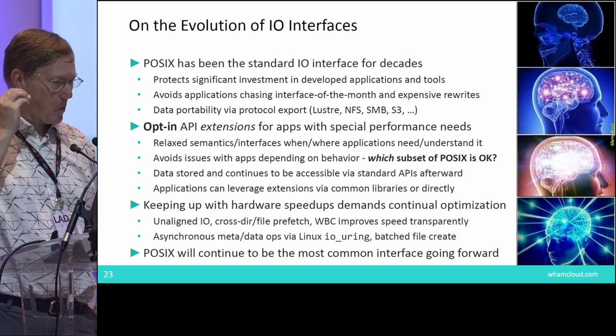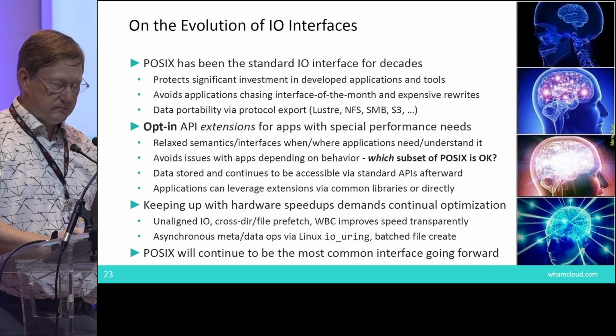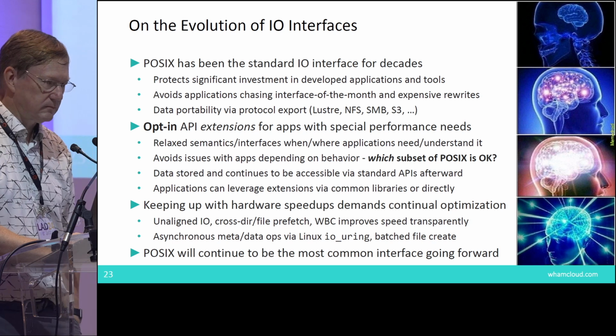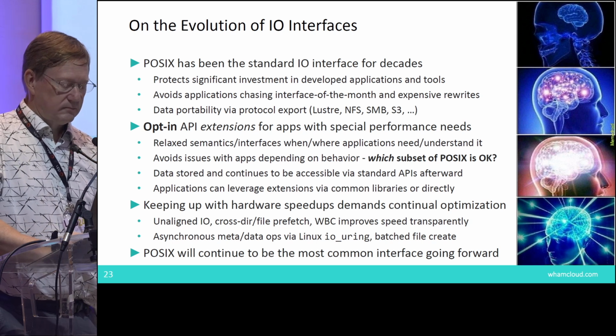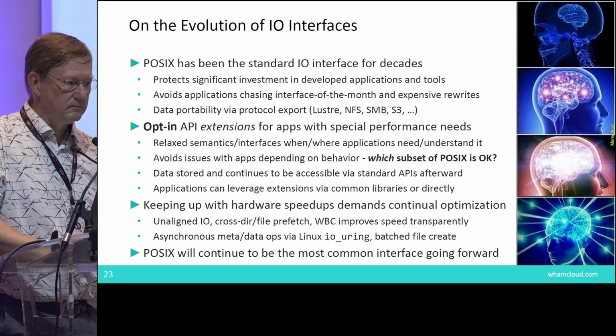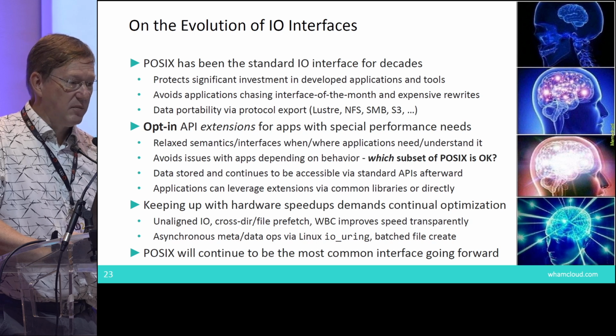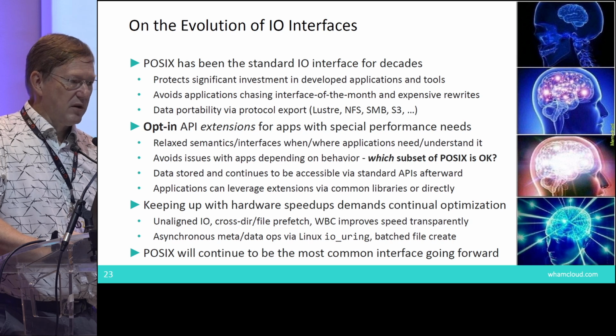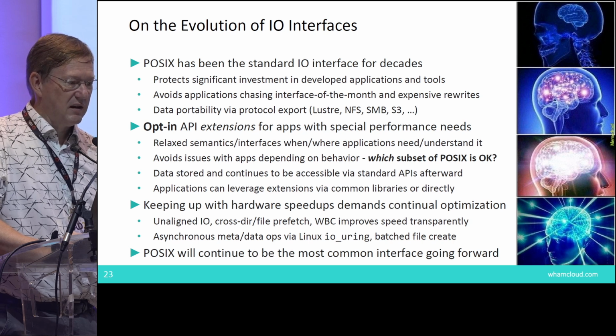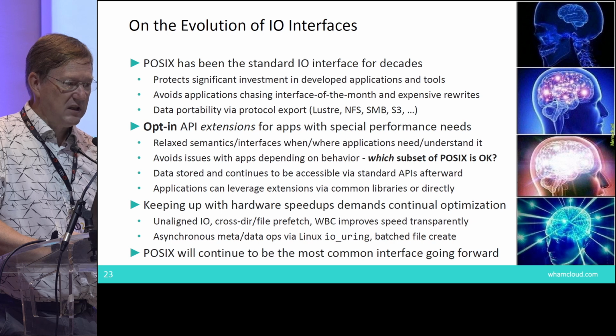A quick question on POSIX. Andreas, what arguments have you seen or heard for moving to non-POSIX interfaces? Obviously, performance is one of the biggest drivers, because POSIX imposes certain restrictions that not all applications need, right?